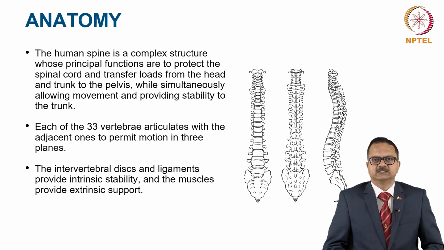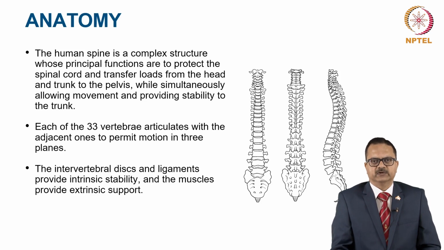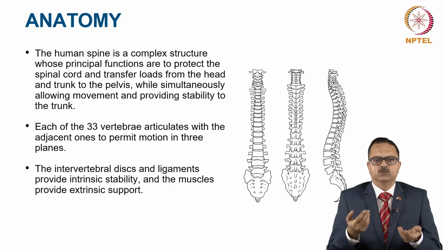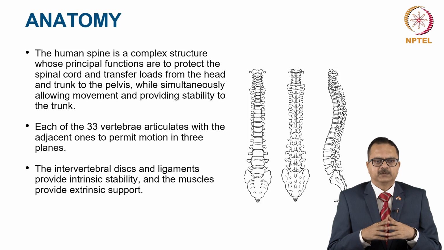When we realize that it has such a vast variety of functions, the design of the spine has to be very, very meticulous. So it's got 33 vertebrae which articulate with the neighboring ones to permit motion in 3 planes.